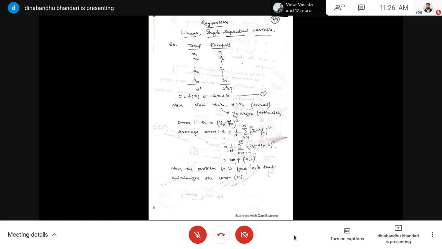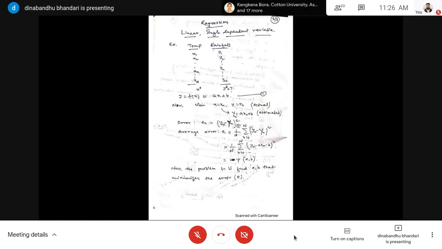Now when you get an estimated value, you will want to find out how much error we are considering here. So error would be yn, the actual value, minus the estimated capital Yn. I have used a square here. You can always consider the absolute value of yn minus capital Yn, and that is also okay. But if you take the absolute value, there will be some difficulty in handling. People always have different reasons to consider the square error.